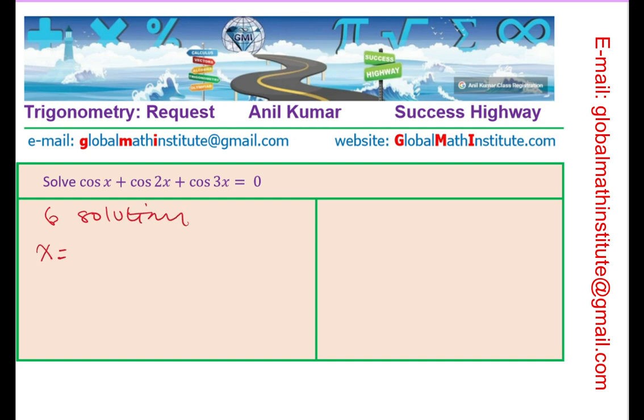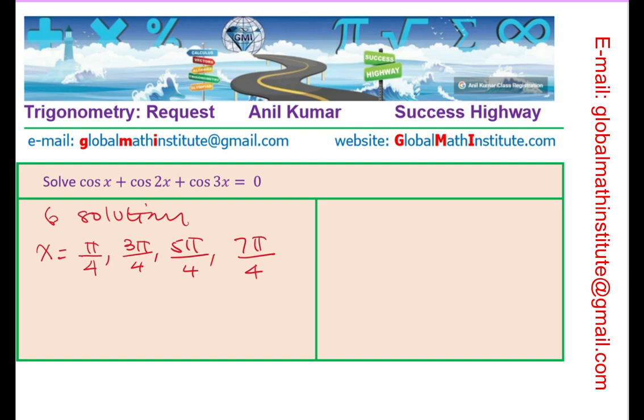We can write x as pi by 4, 3 pi by 4, 5 pi by 4, or 7 pi by 4, right? Those were for 1 over square root 2. You can say square root 2 over 2, right?